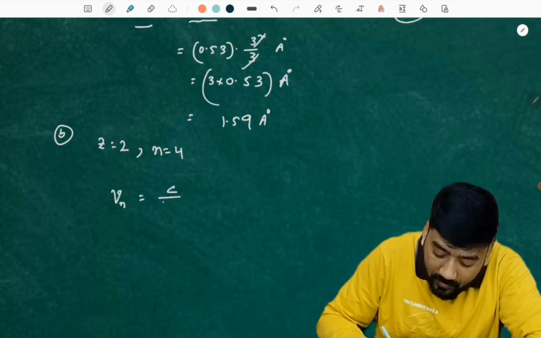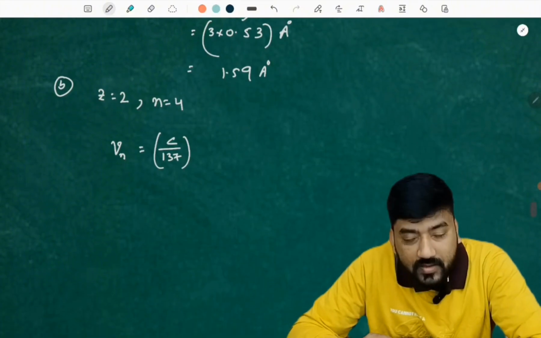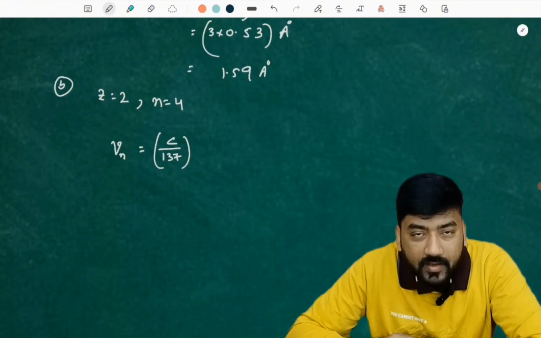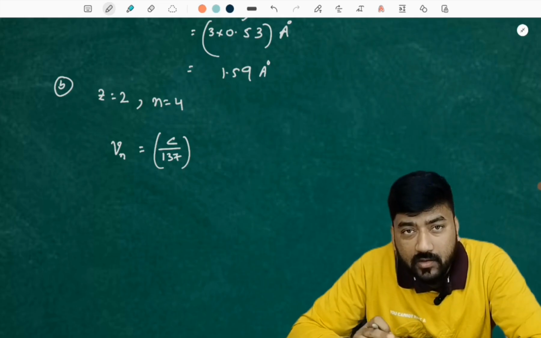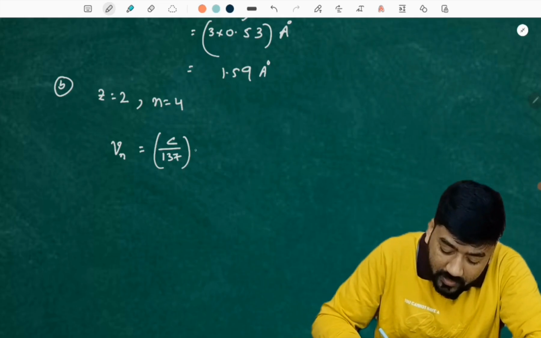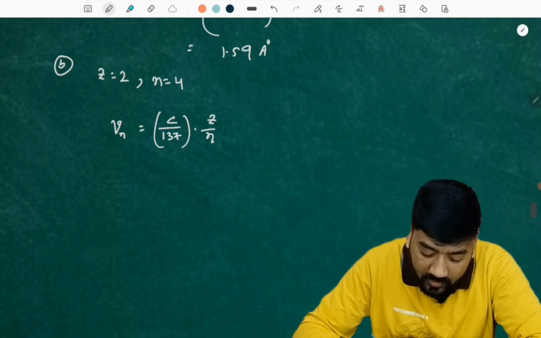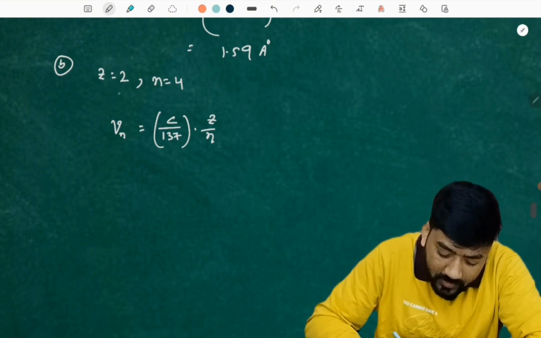Vn was C upon 137. So this result I have used many times, and this result C upon 137, where C is the speed of light in vacuum, is basically for the speed of the electron in the hydrogen atom in the first orbit. Now it has dependency on Z and n also, that is Z upon n. So this is how we can write. Now here we have to write n is equal to 4 and Z is equal to 2.